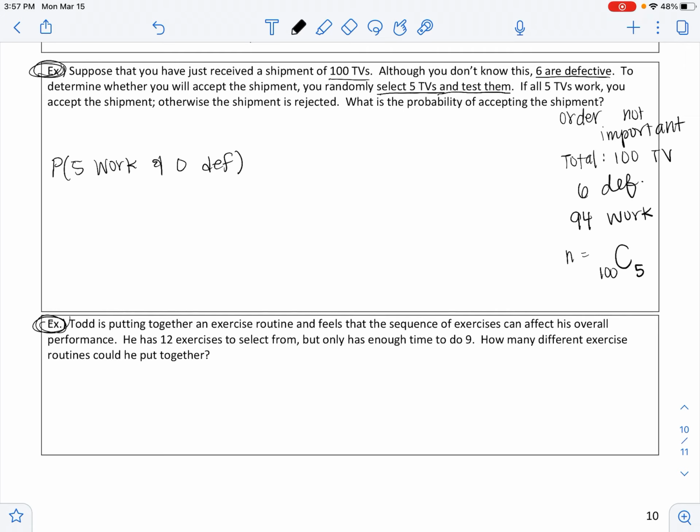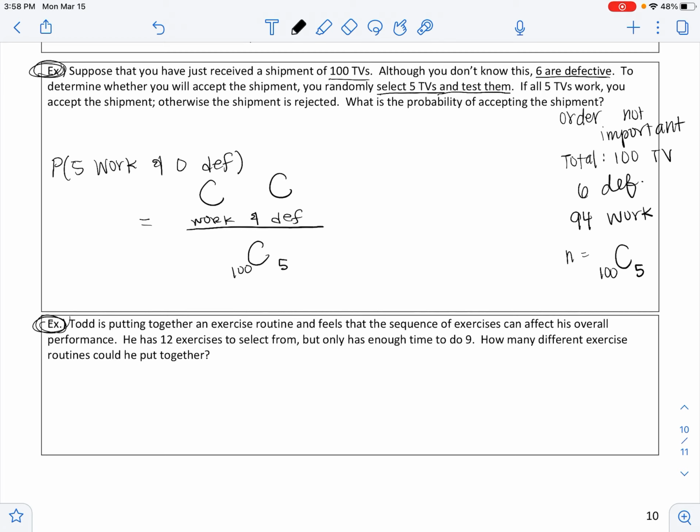So 100, choose 5. Again, C is there because this is a combination problem since we said order is not important. So going ahead and putting a fraction line, our denominator is our sample size, which is 100, choose 5. And then we're going to split the numerator into those 2 groups that we have, working and defective TVs. C is above both of those since they are combinations.